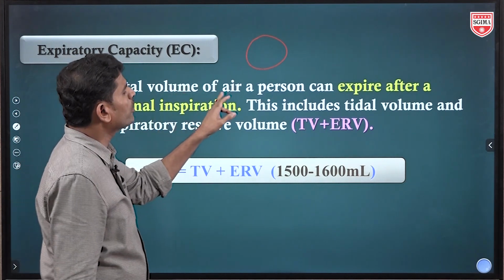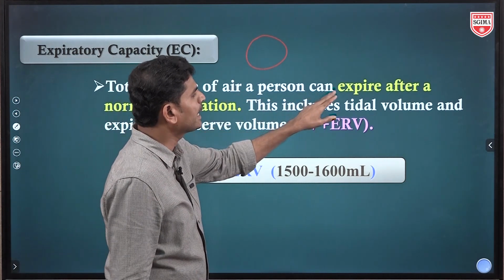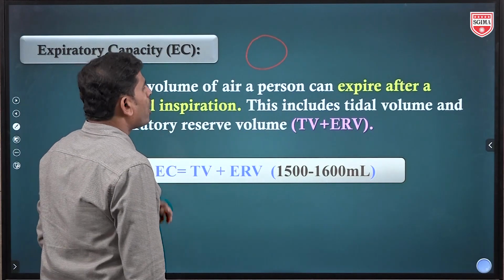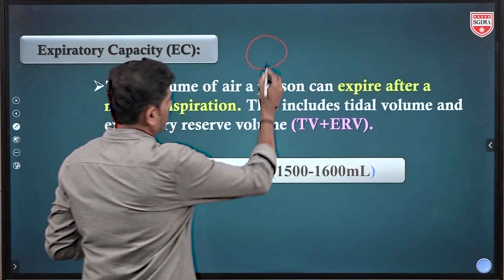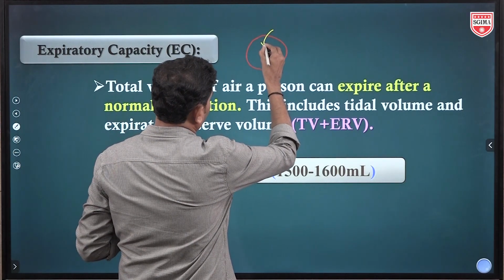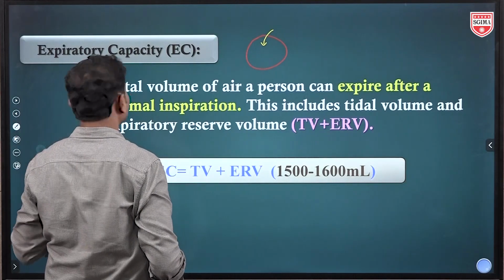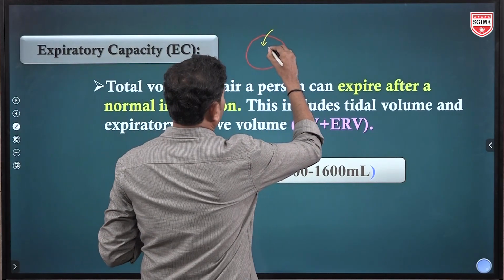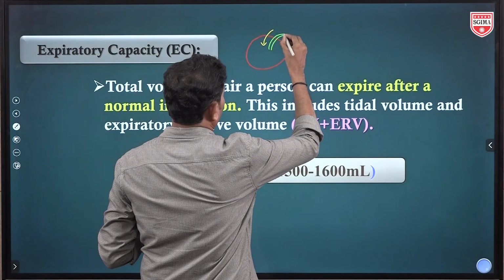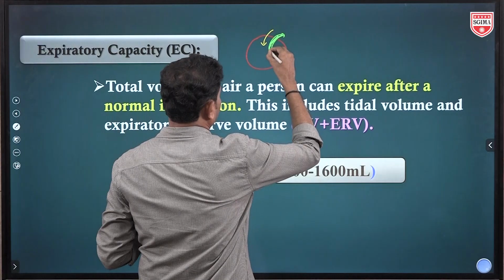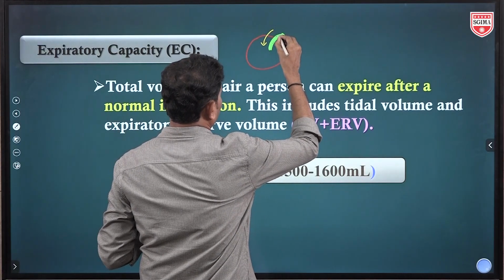So total volume of air a person can expire after a normal inspiration. This is the normal inspiration. ये normal inspiration होने के बाद the person will be going to expire. So total volume of these two will decide the expiratory capacity.